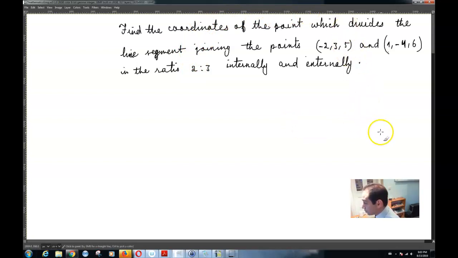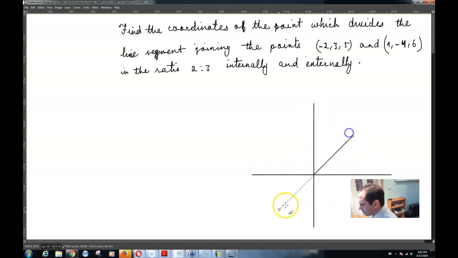So the points that you have are basically these points over here. You have basically -2, 3, so 1, 2 and 3. This point over here, 5, 1, 2, 3, 4 and 5.